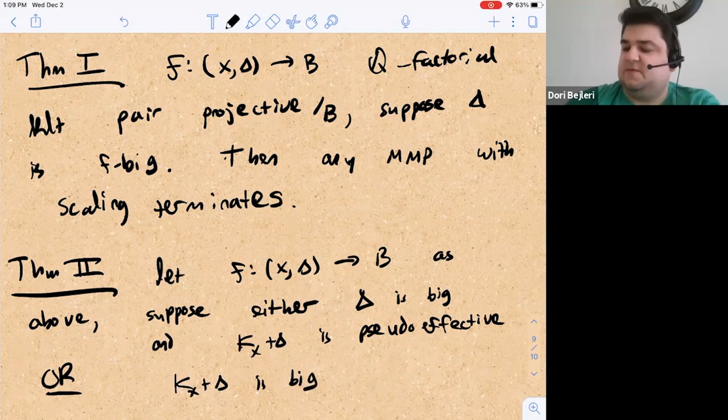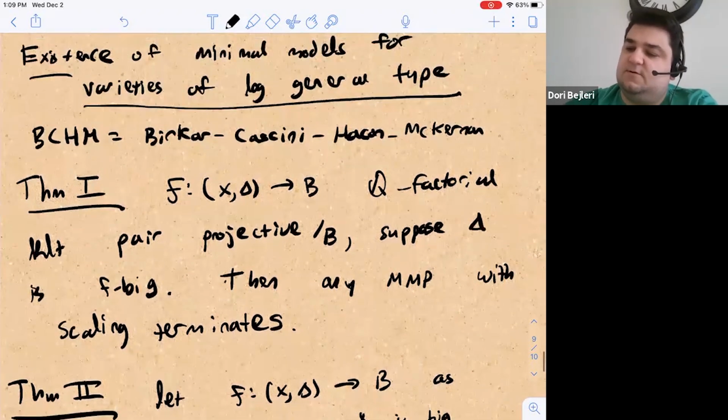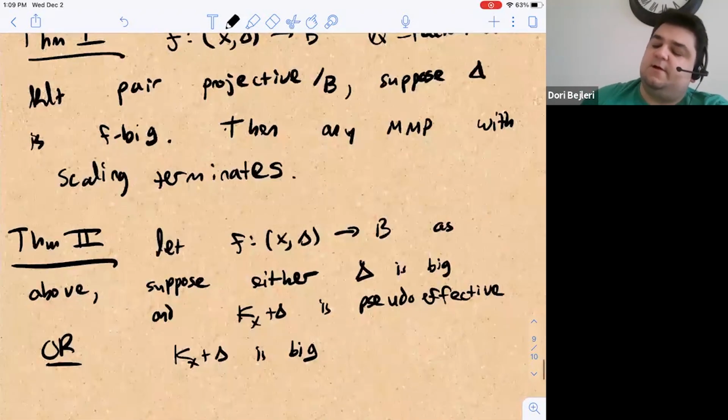So this is the case in the title of the paper, for varieties of log general type.